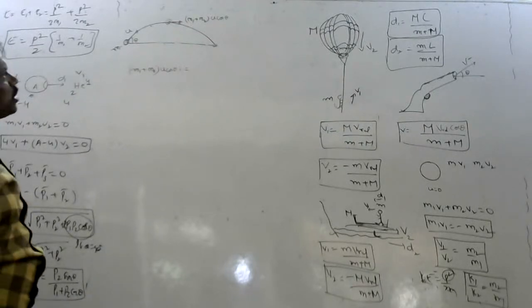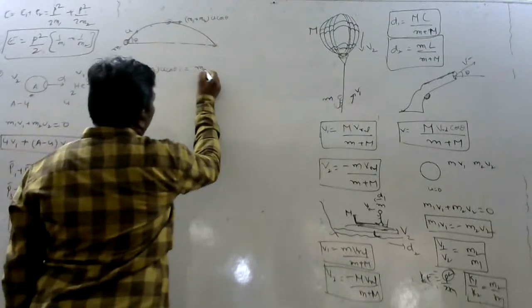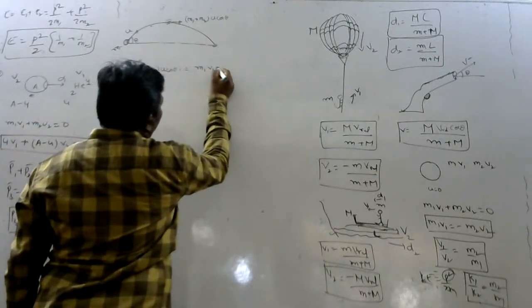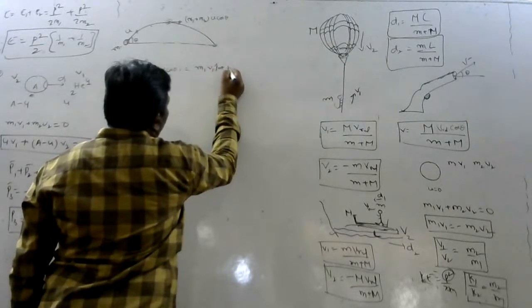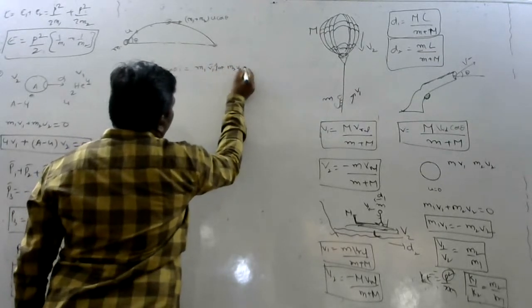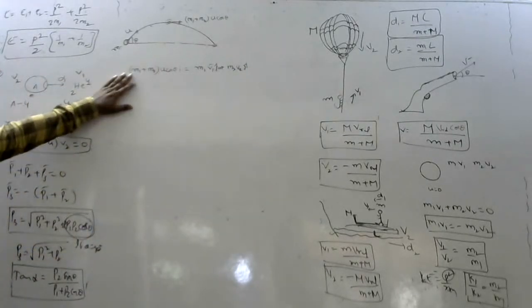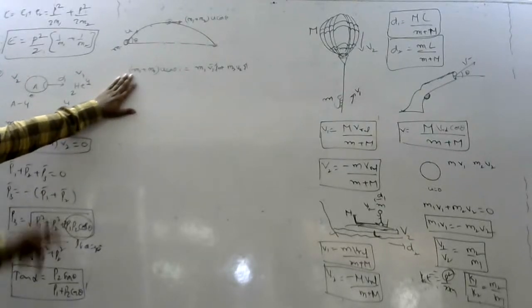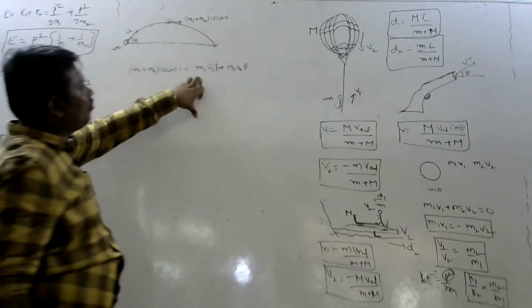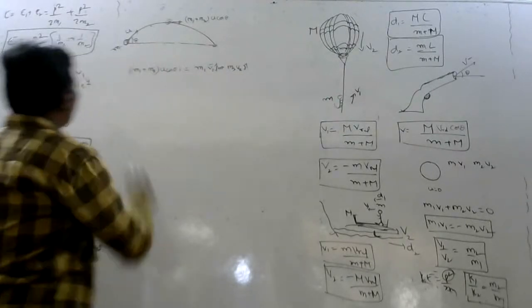If the bomb explodes into two pieces, then m1 v1 I cap plus m2 v2 j cap.